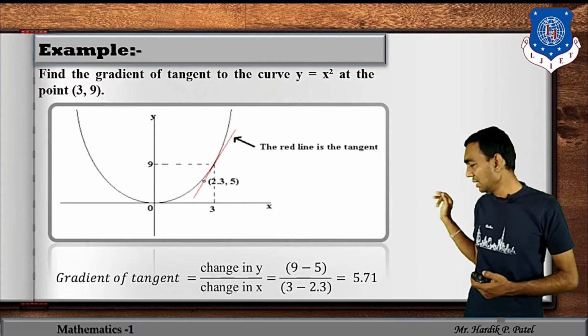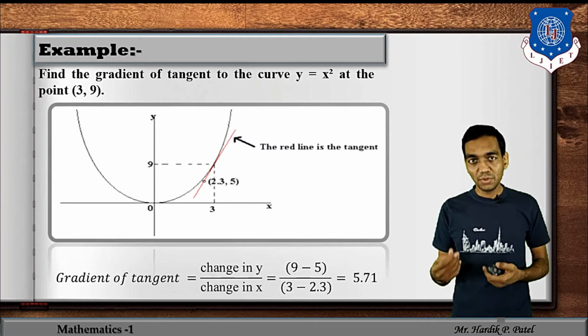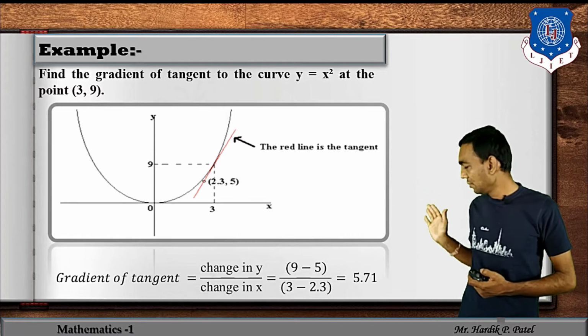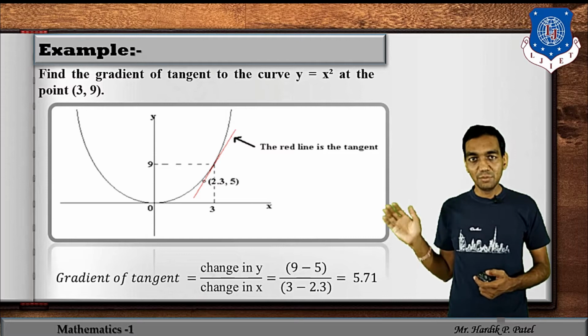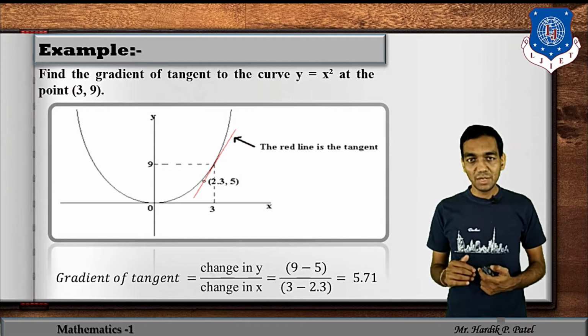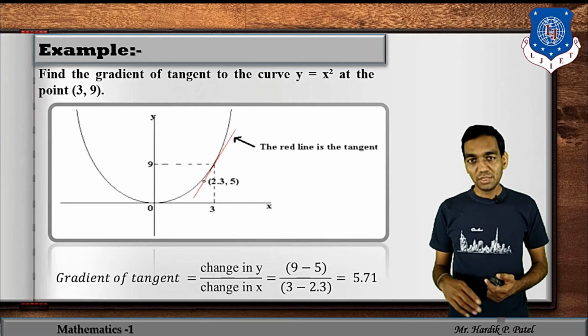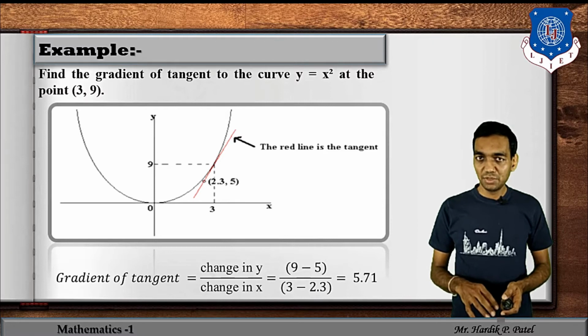Now to find the slope of the tangent, you have to apply the slope formula. Finding the slope is nothing but change in y divided by change in x. So change in y, that means 9 minus 5, divided by change in x, that means 3 minus 2.3. So that means 4 upon 0.7, that is approximately 5.71.